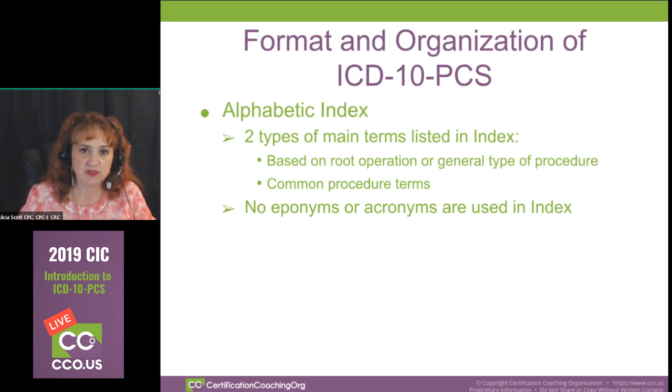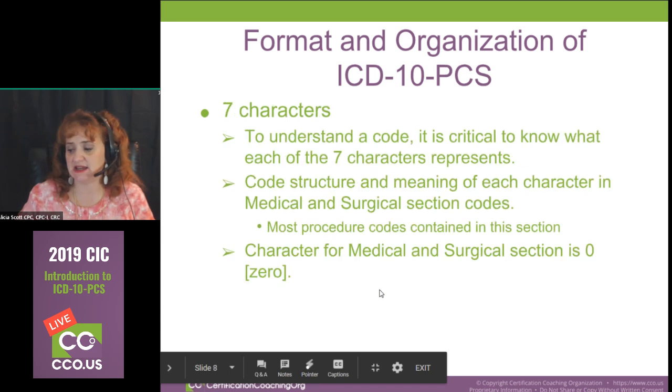And then again, there are some common procedures that are just so common that they went ahead and put them in the index. You're not going to find acronyms or eponyms, like you would see in ICD-10-CM. 7-character possibility.